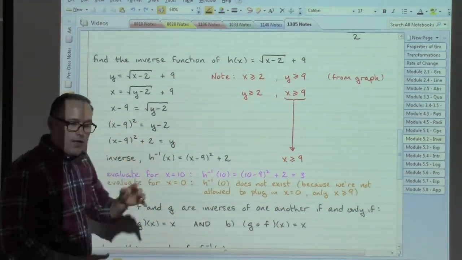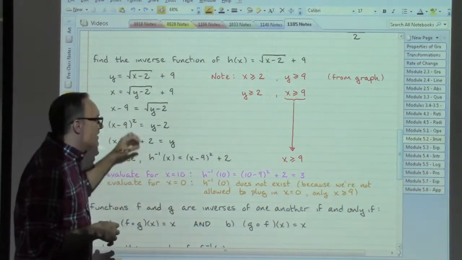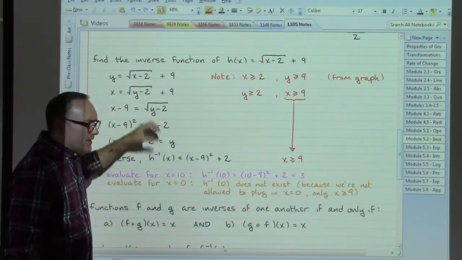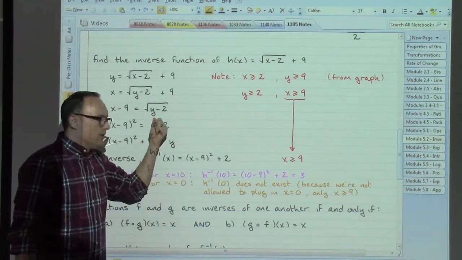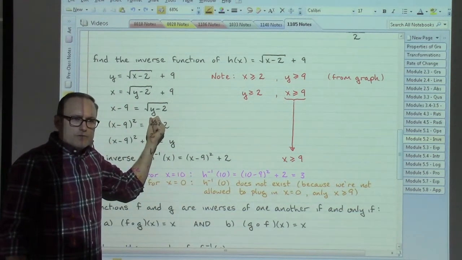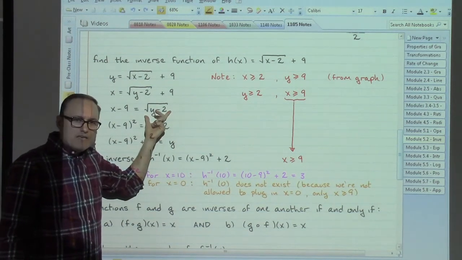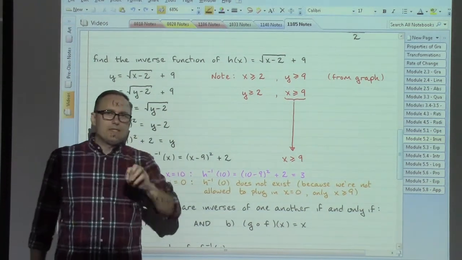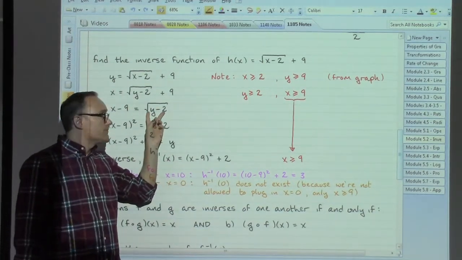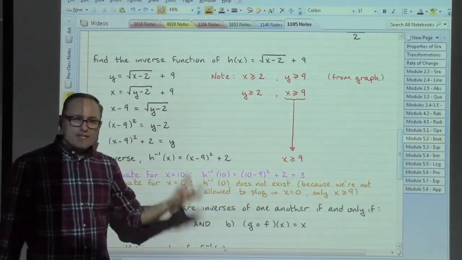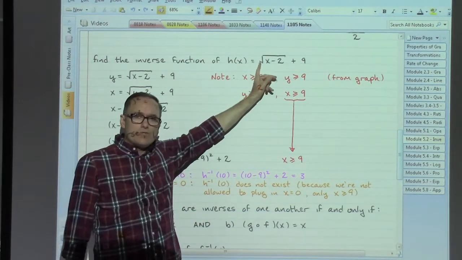Part of what's going on, though, is this very specific connection that we made a bit of a stink about with our radical functions. Any of those even roots, we're only sticking with the positive version, so the positive square root. If we put things together, it's always the positive square root.